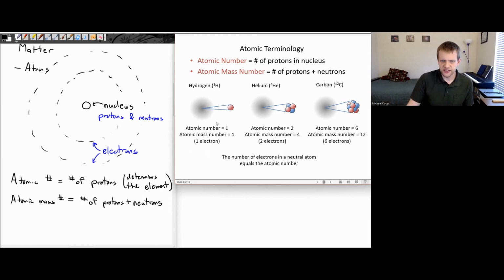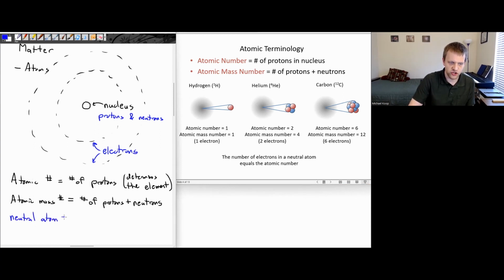One last part about this is, if we have a neutral atom, let's talk about a neutral atom. It has no overall charge.